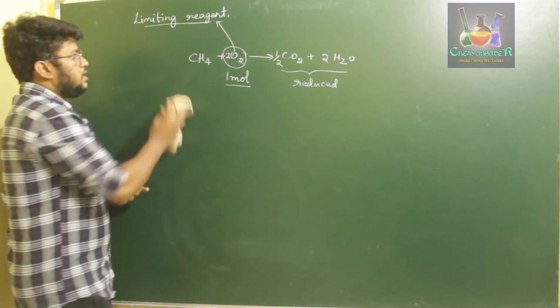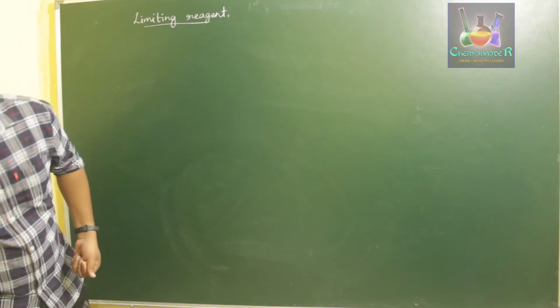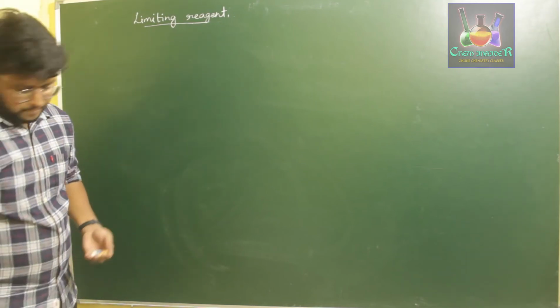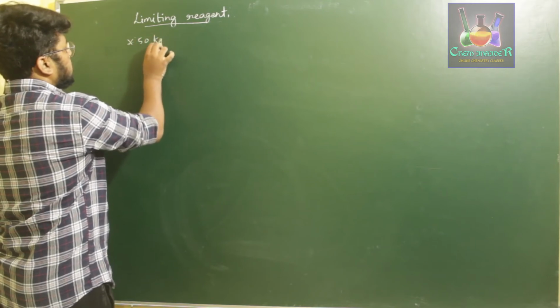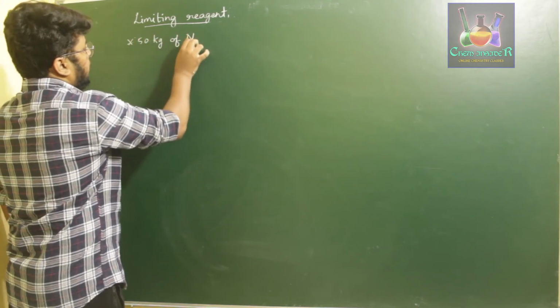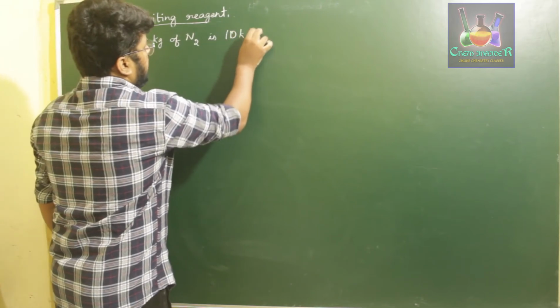So now consider a problem in which we are using nitrogen and hydrogen for the preparation of ammonia. Let us say 50 kilograms of nitrogen is treated with 10 kilograms of hydrogen.